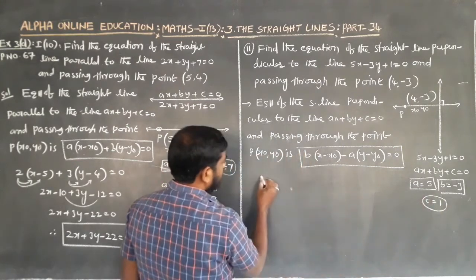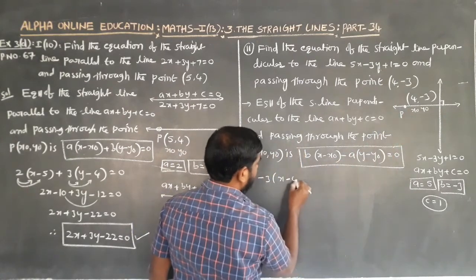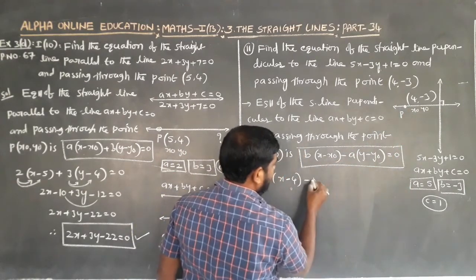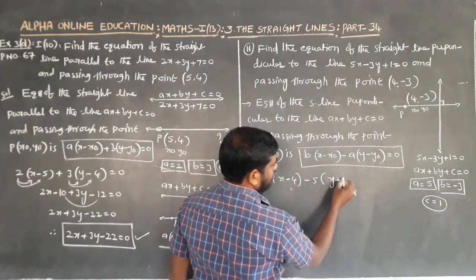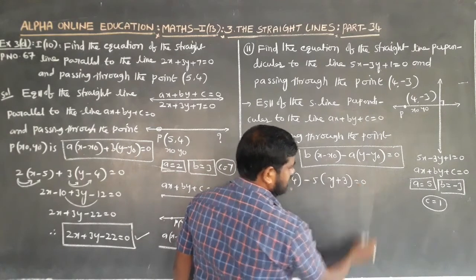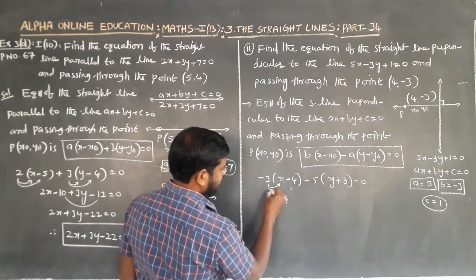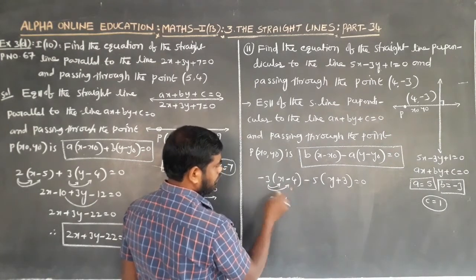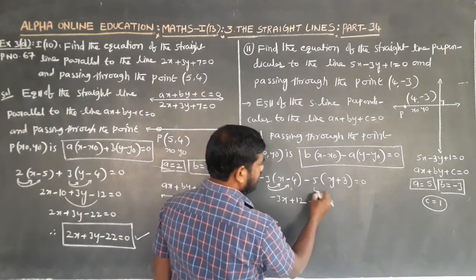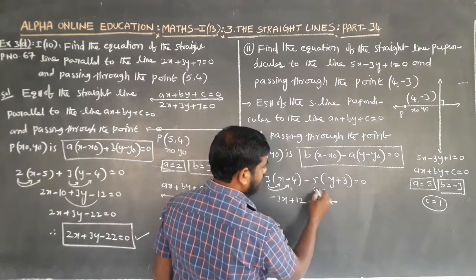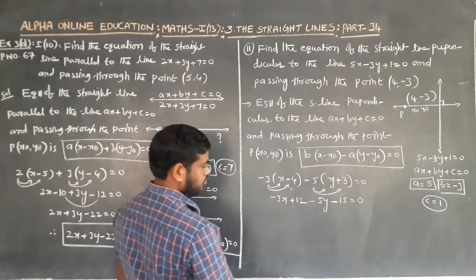Here b is minus 3 into x minus x0, which is 4, minus a, which is 5, into y minus y0, which is minus 3, is equal to 0. Minus 3 into x is minus 3x, minus 3 into minus 4 is plus 12, minus 5 into y is minus 5y, minus 5 into plus 3 is minus 15, is equal to 0.